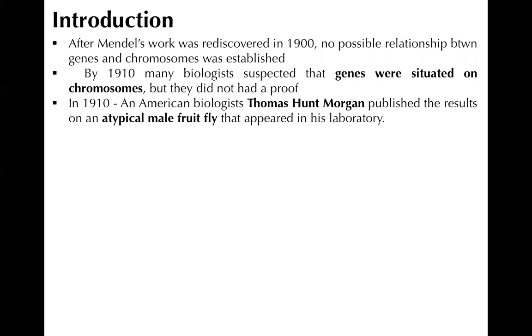But in 1910, an American biologist, Thomas Morgan, published the results of an atypical male fruit fly that appeared in his laboratory. This atypical male fruit fly had a white eye phenotype. That is what we are going to discuss, that atypical fruit fly which had a white eye color.